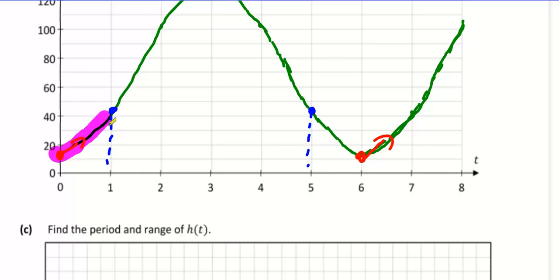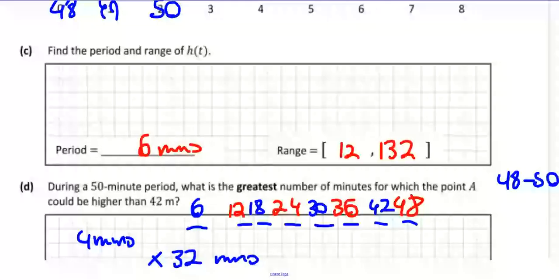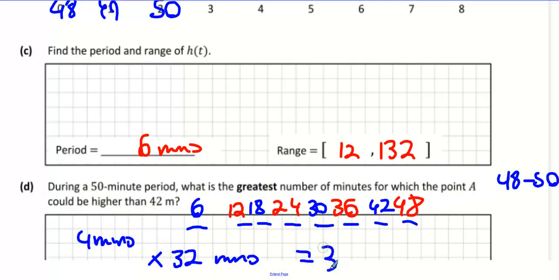Because this could be reset as 48, that could be 49, and that could be reset as 50. So what we can say is that it's definitely one added onto it. So 33 minutes for everybody. Is that cool?